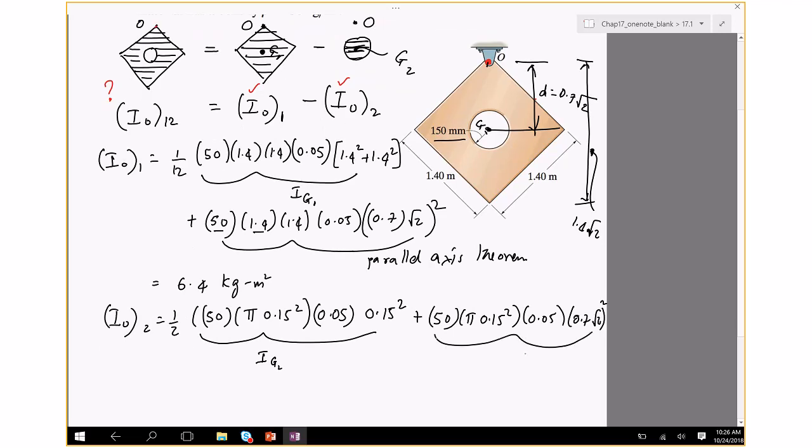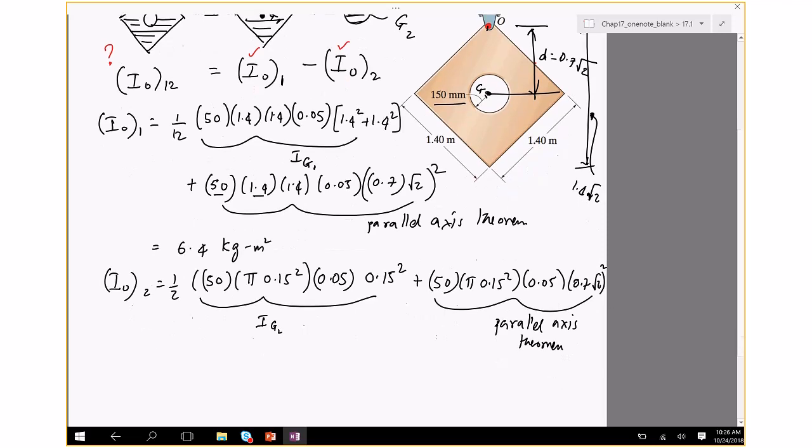So this comes from the parallel axis theorem. Okay, so everything there can be computed because we know the values of everything. So 0.175 is the inertia about 2.